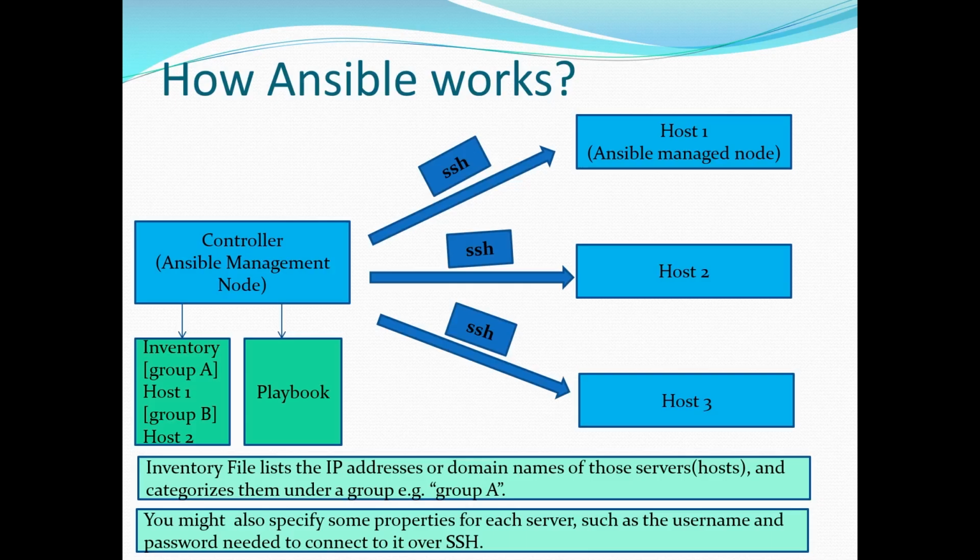And you sometimes might also have to specify some properties for each server, such as the username and password needed to connect to it over SSH. You might need to specify some other things also.